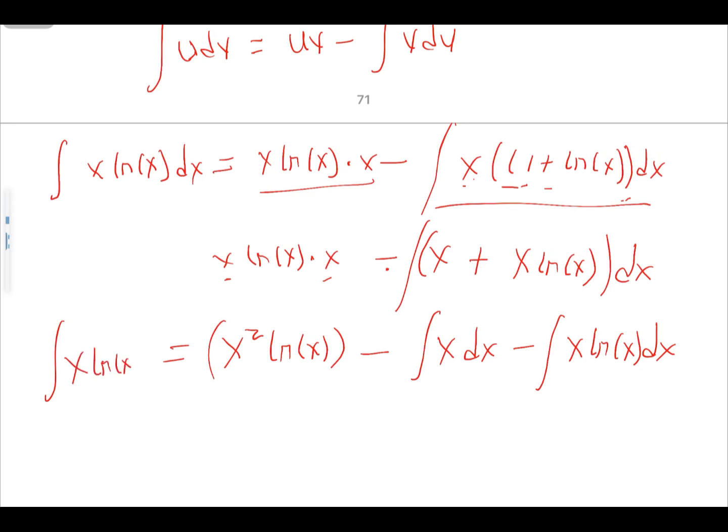And don't forget that here is integral of x ln x dx.